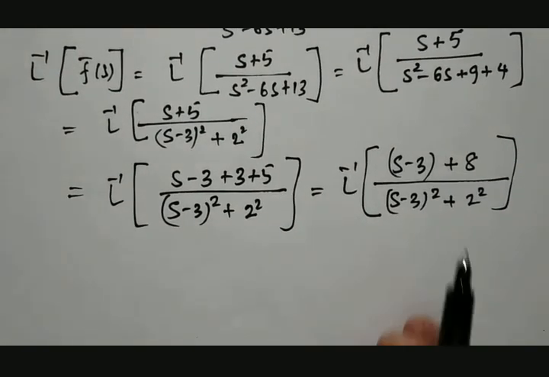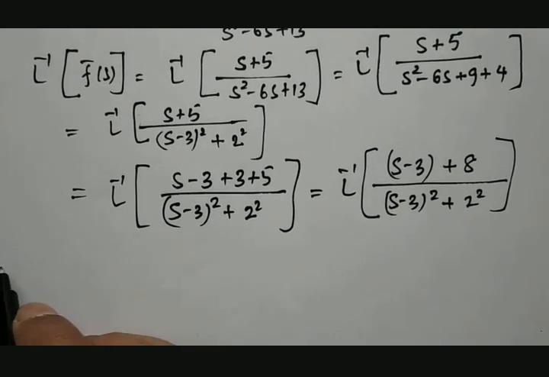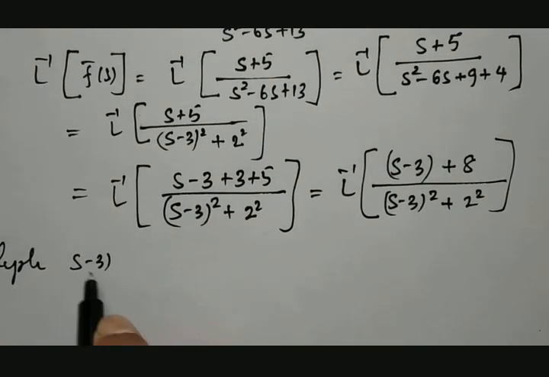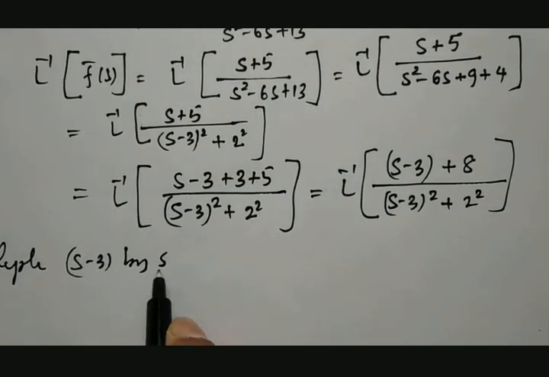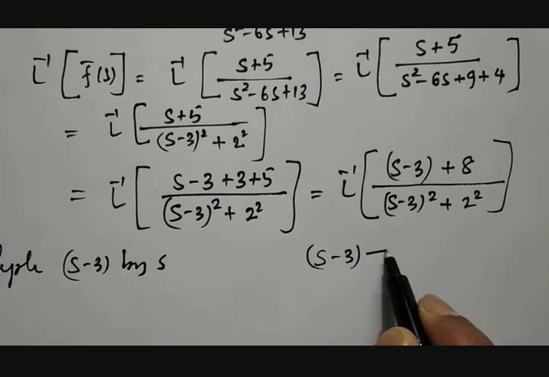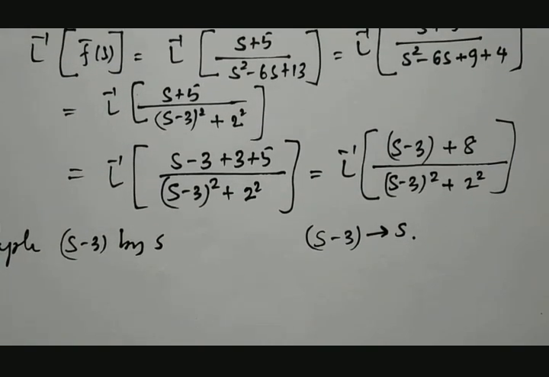Then here just to compare, a is equal to 3, means what to do now? Replace s minus 3 by s. Okay, what to do? s minus 3 will be replaced by s wherever it is available.